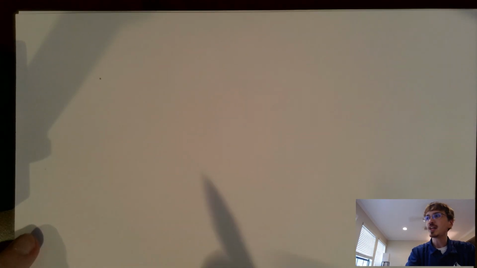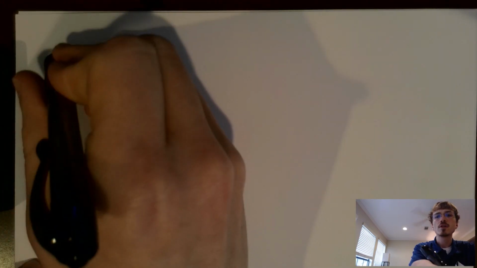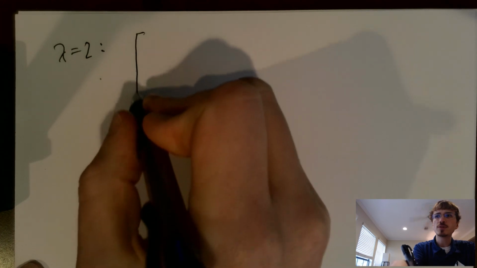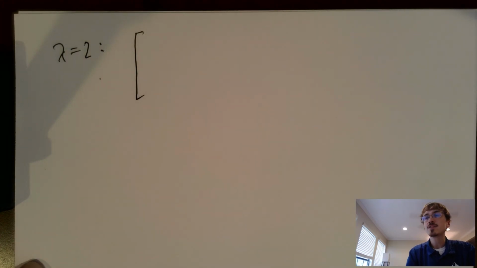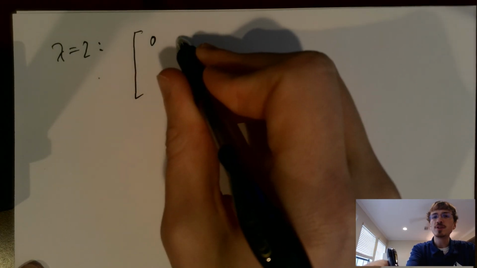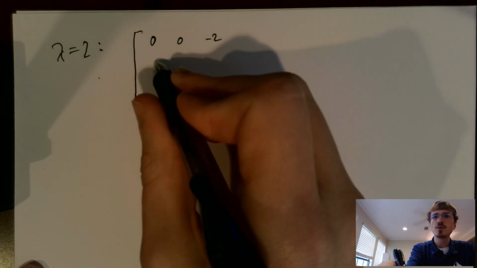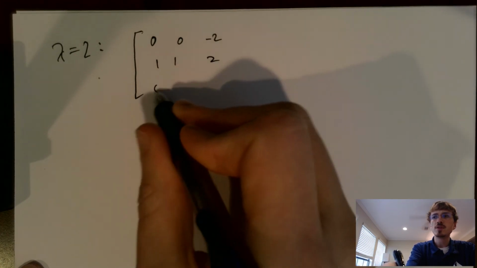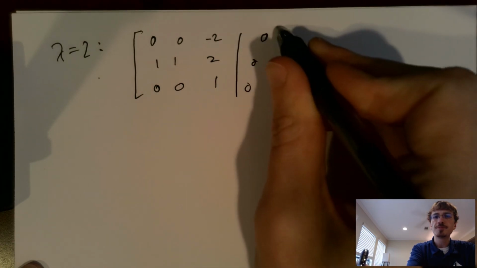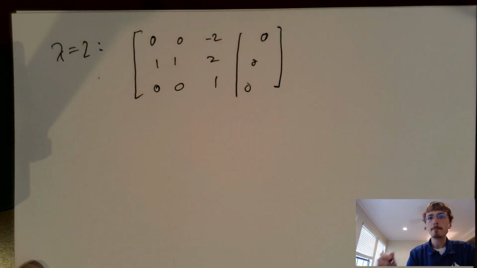All right. So now let's begin our arduous task of finding a basis for each eigenspace. So suppose lambda is equal to 2. We really want to compute a basis for A minus 2 times the identity matrix, right? Well, I think that should be the matrix 0, 0, negative 2, 1, 1, 2, 0, 0, 1, augment 0, 0, 0.